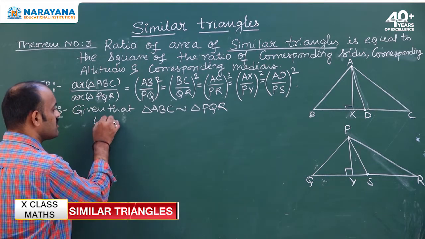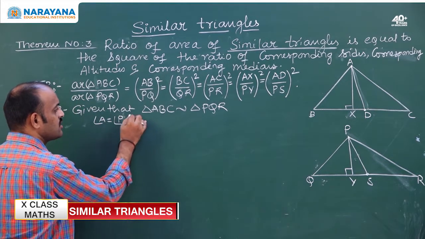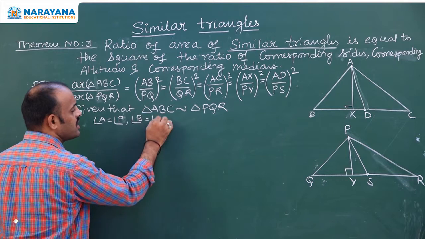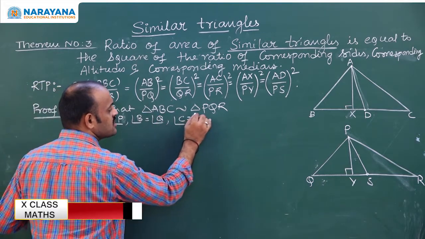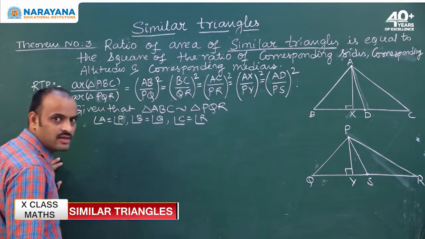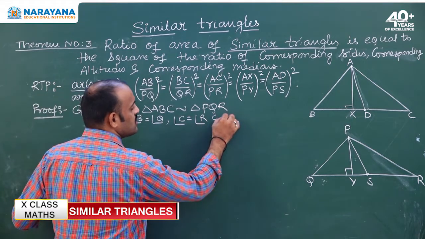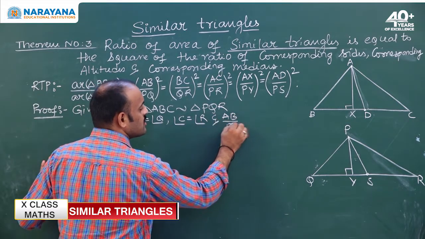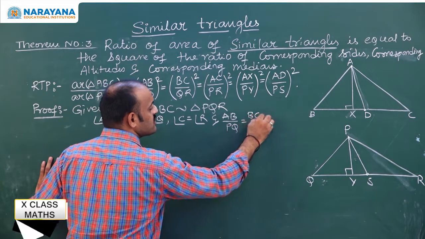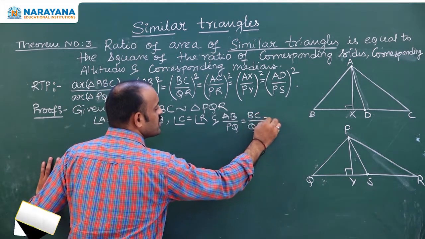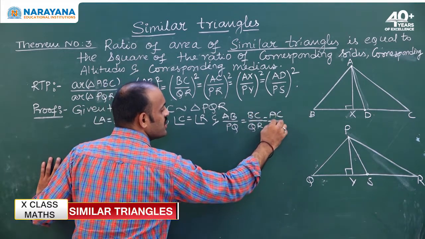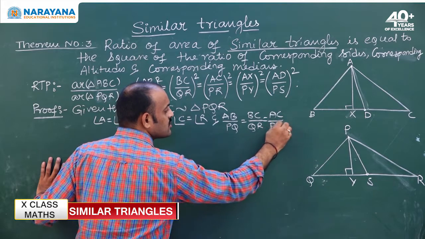Therefore, angle A is equal to angle P, angle B is equal to angle Q, angle C is equal to angle R, and AB by PQ is equal to BC by QR is equal to AC by PR.